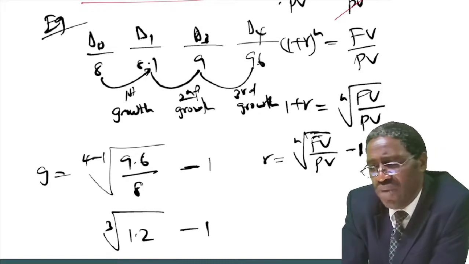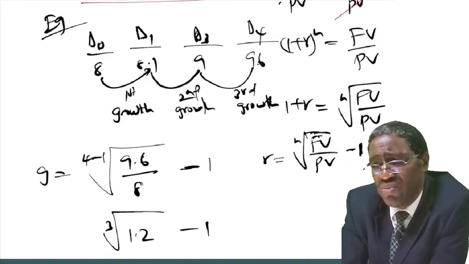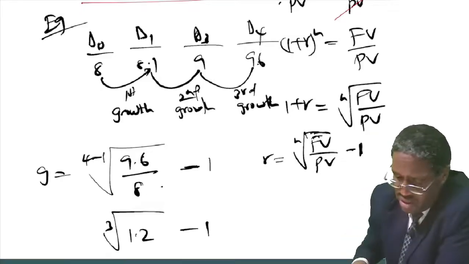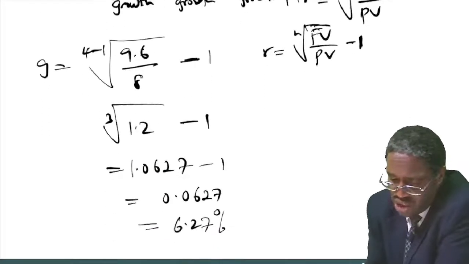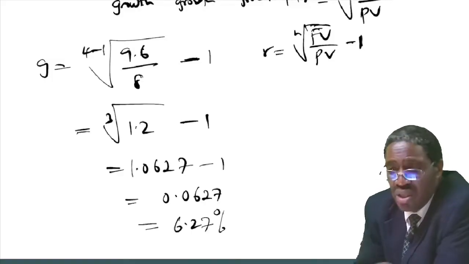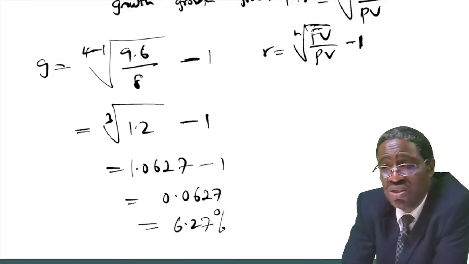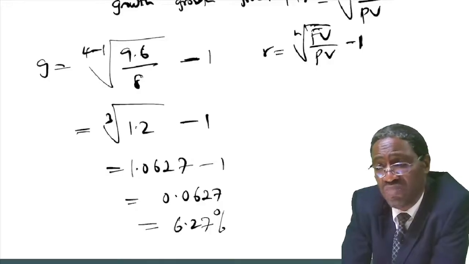Then everything you minus 1. Then we move on and still say G equals to the third root of 1.2 minus 1. Third root, that.